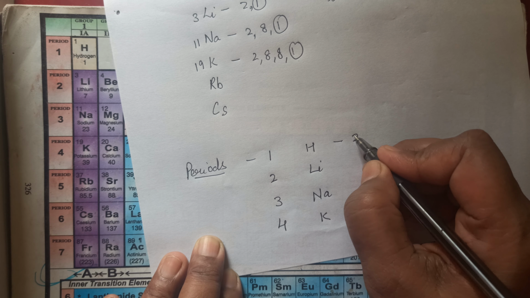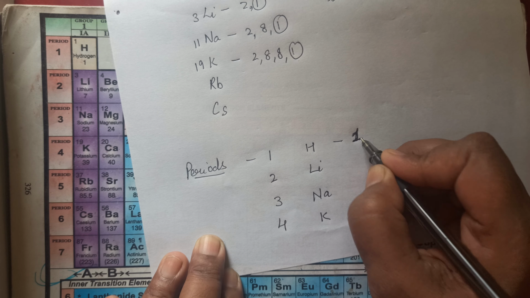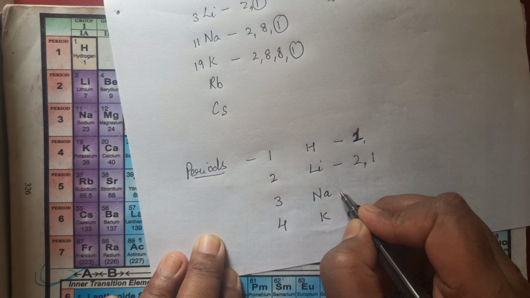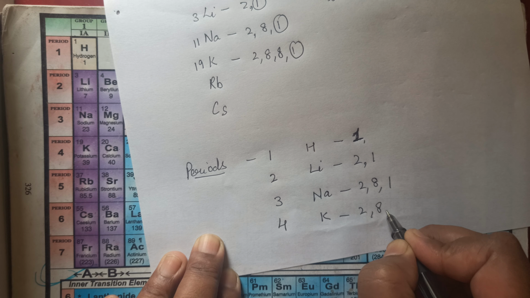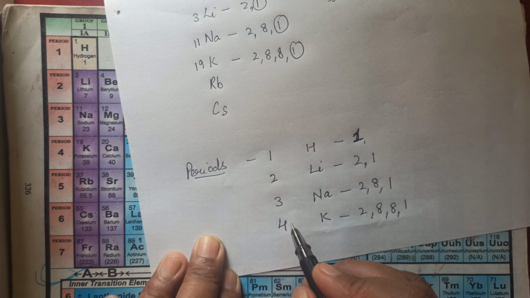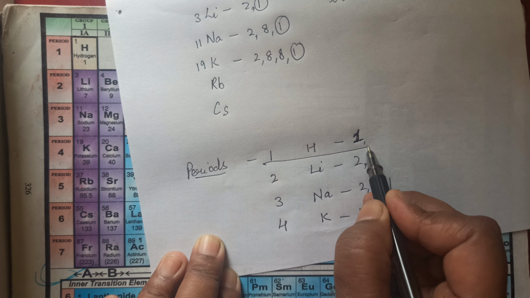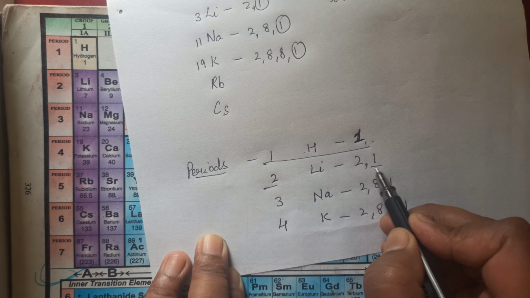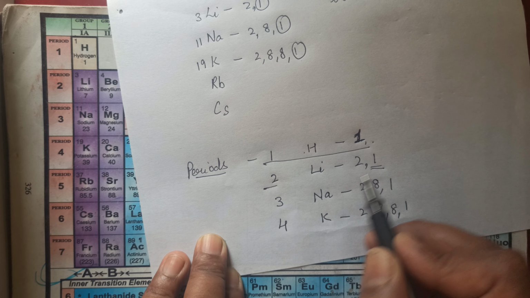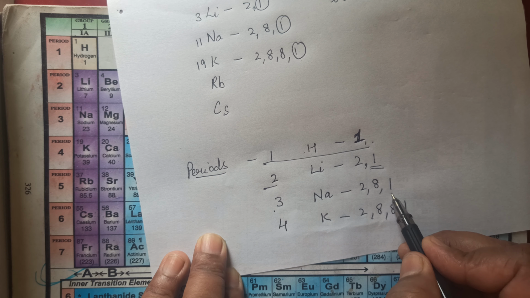Each period is starting with 1 electron in the outermost shell. The first period has an element with 1 electron in the outermost shell, the second period also starts with an element with 1 electron in the outermost shell, and the third period also has an element with 1 electron in the outermost shell.